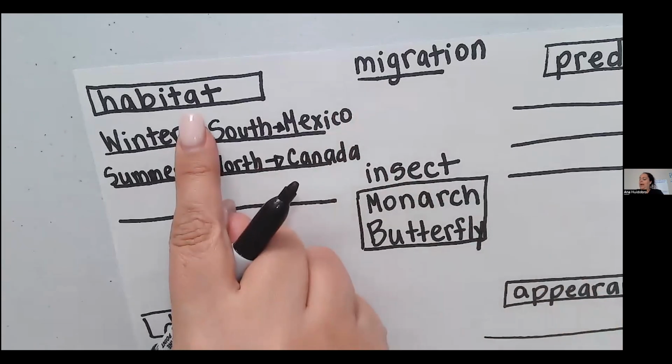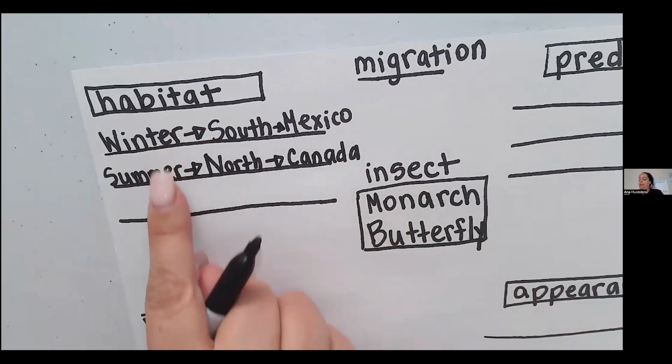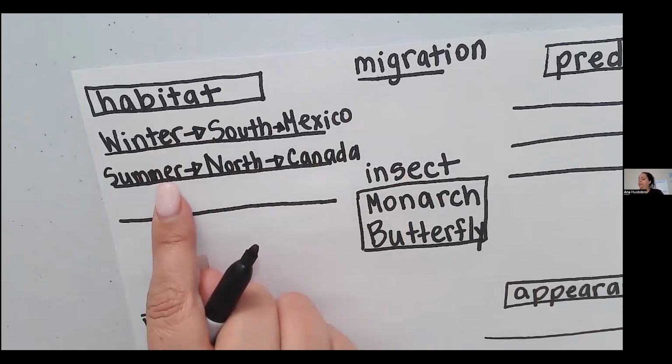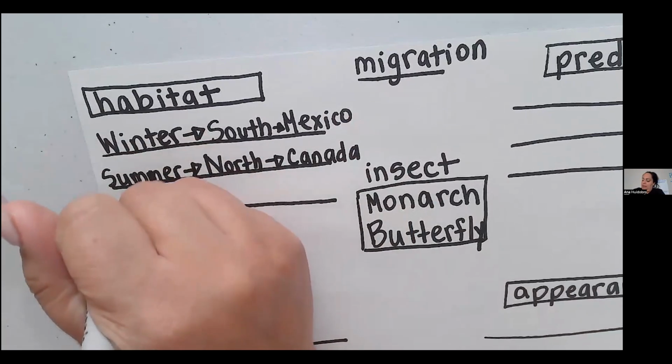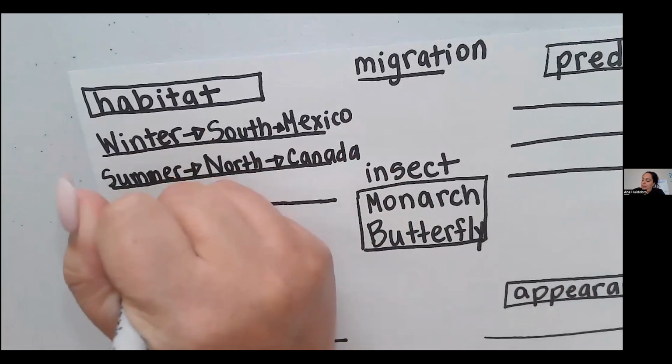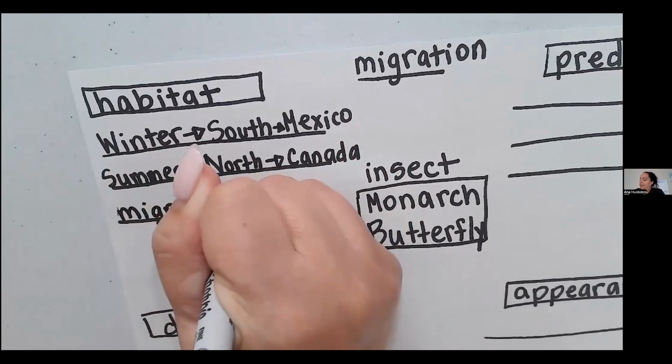So their habitats, these monarch butterflies, their habitats change depending on the season. And since it is such a long journey, I would put migration here because you live while you move, right?